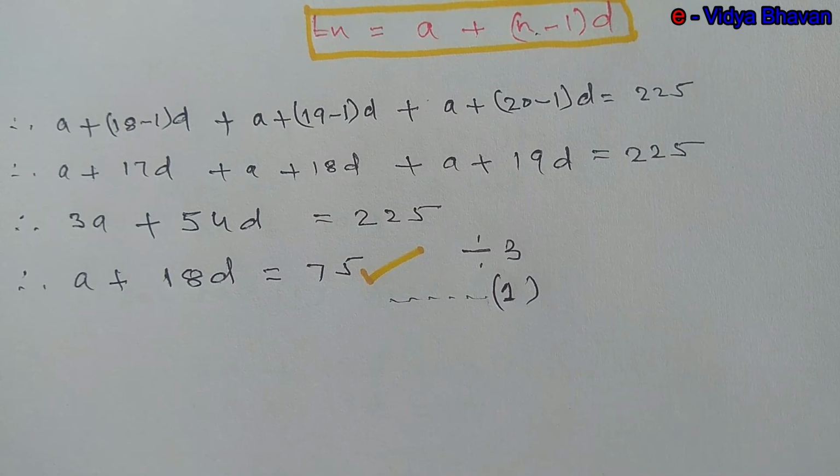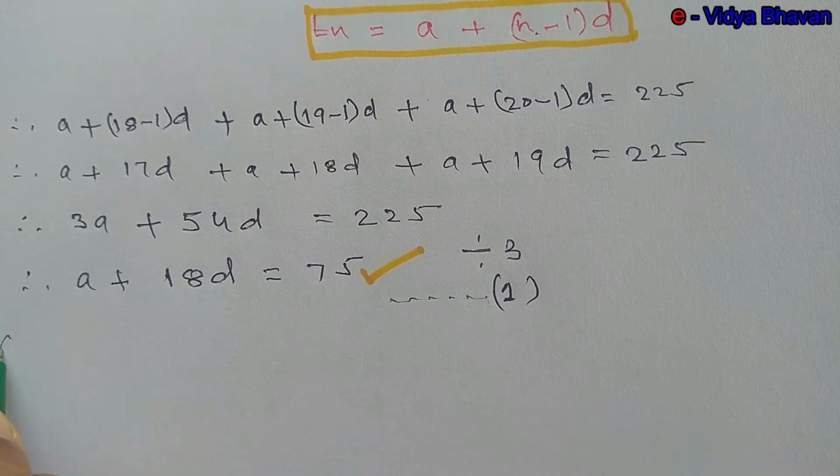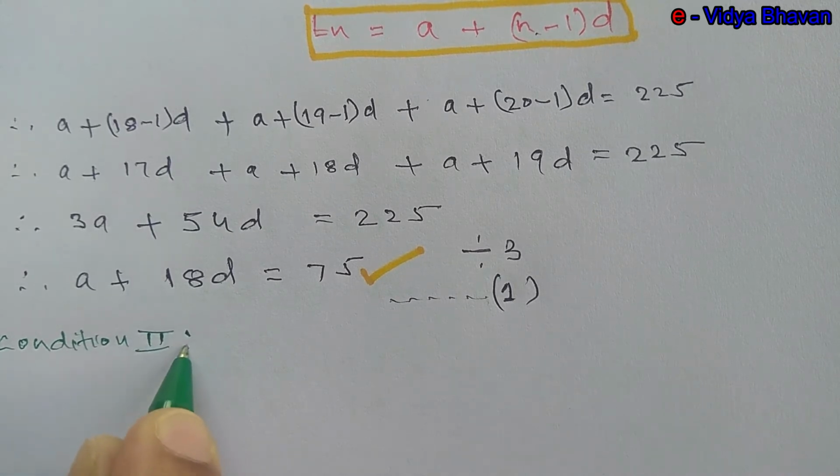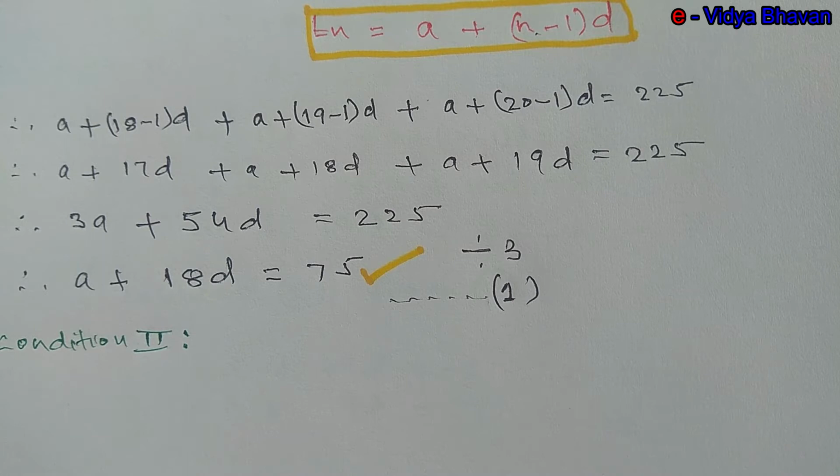Now, condition number 2, what does it say? The sum of the last three terms is 429. So first we will take the last three terms.